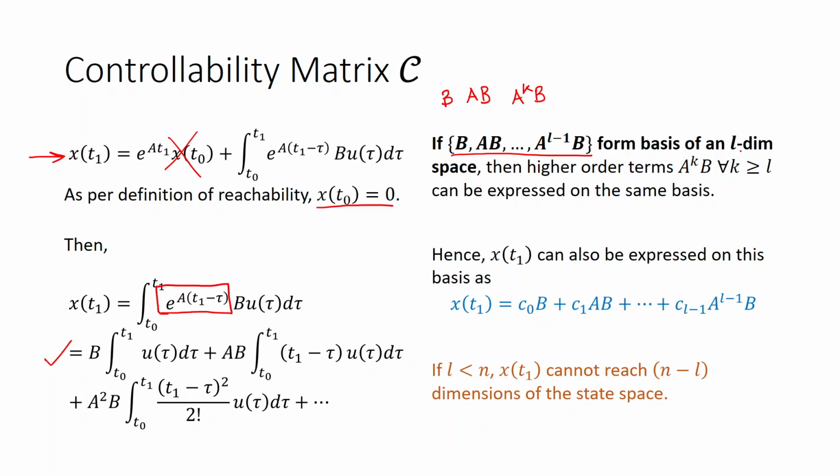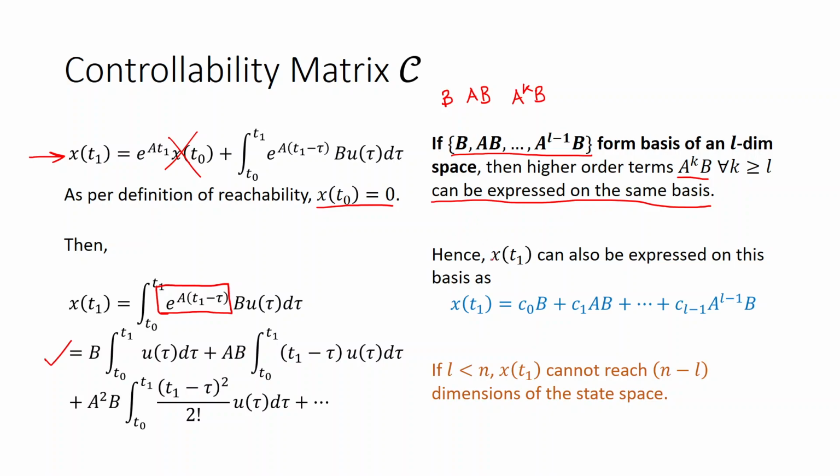If they form a basis of an L dimensional space, then the higher order terms, A to the power of k B for k greater than or equal to L, are also vectors in the same L dimensional space. So they can be expressed on the same basis.